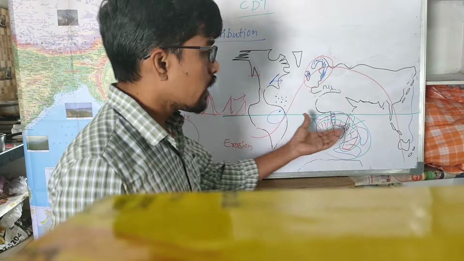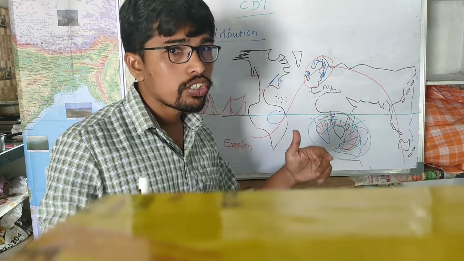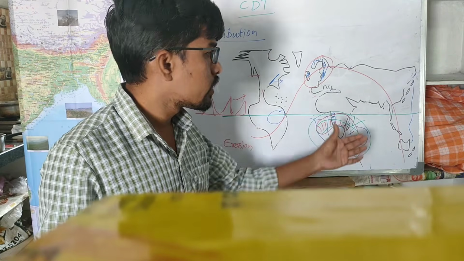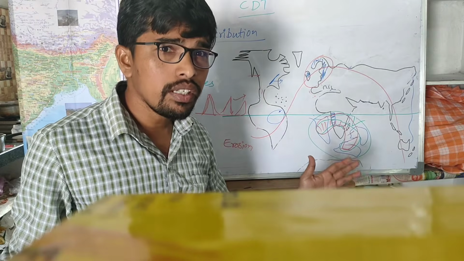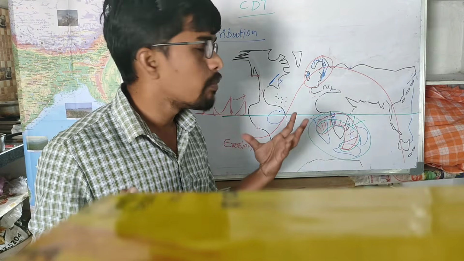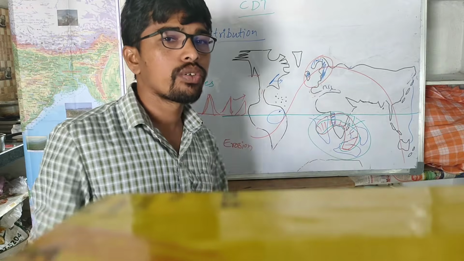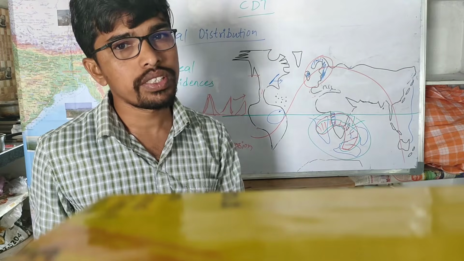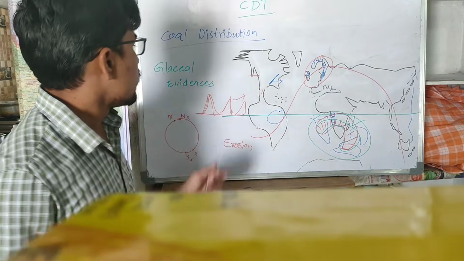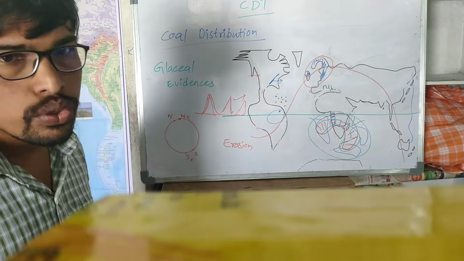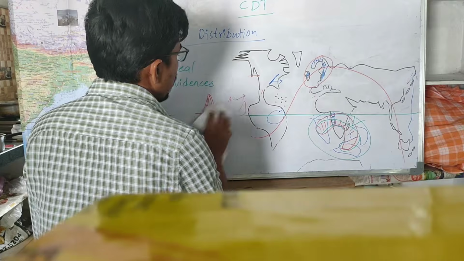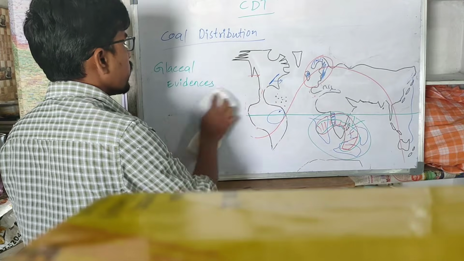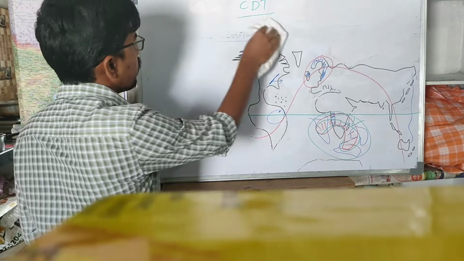Once they were united, huge ice sheets were on their surfaces. When they drifted, the temperature increased, the ice started melting, and it started eroding the mountains and the rocks present on the surface. This was one of the evidences. So all these evidences prove that the continents were once united and have now drifted.